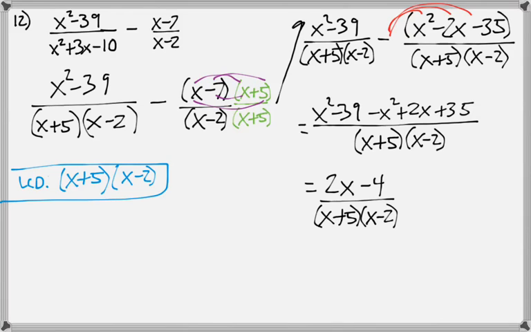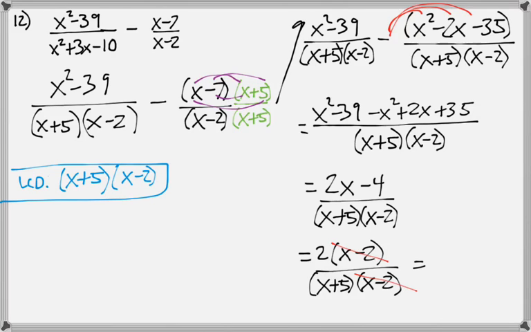So we can actually factor 2 out of the top, which reveals that we have an x minus 2 on the top. And because we have one on the bottom, those two will cancel out, which will leave us with 2 over x plus 5.